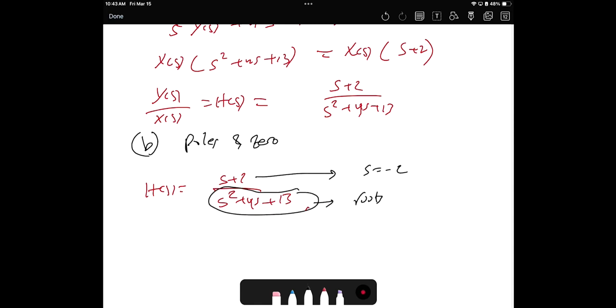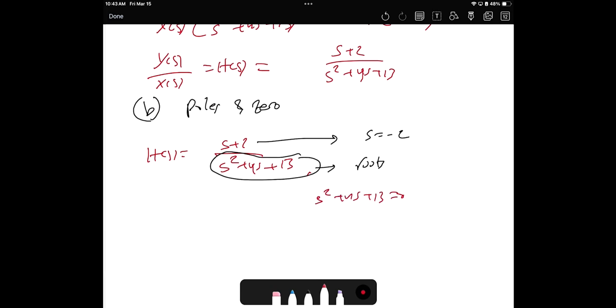You can say it is, again, s squared plus 4s plus 13 equals 0. You can use the general formula. So in summary, it will be negative 4 plus or minus square root of 4 squared minus 4 times 1 times 13, divided by 2 times a, which is 2 times 1.